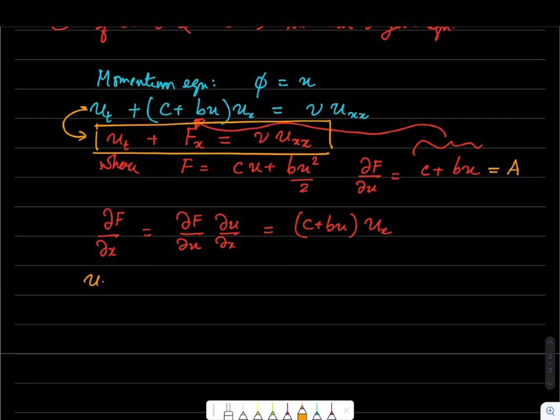So we'll write u_t plus a u_x to be equal to nu u_xx. So this will be my equation in the form that I would be talking about in the rest of the lecture.